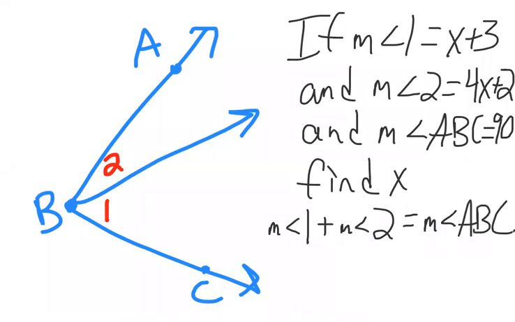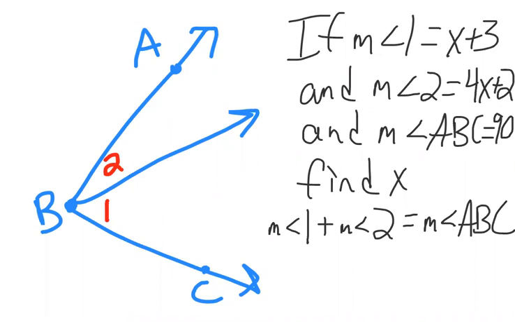Now, the numbers might change based on your diagram. Maybe your diagram has angle DEF instead of ABC. It's the same idea, though. You're taking this littler angle and this littler angle, adding them together, and it always equals the big angle. So now that I have this model equation, I just take the information and pop it in.